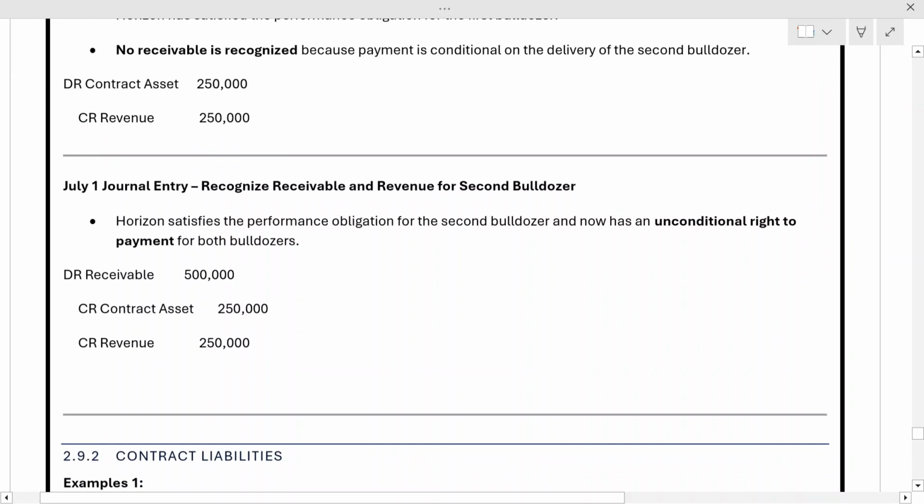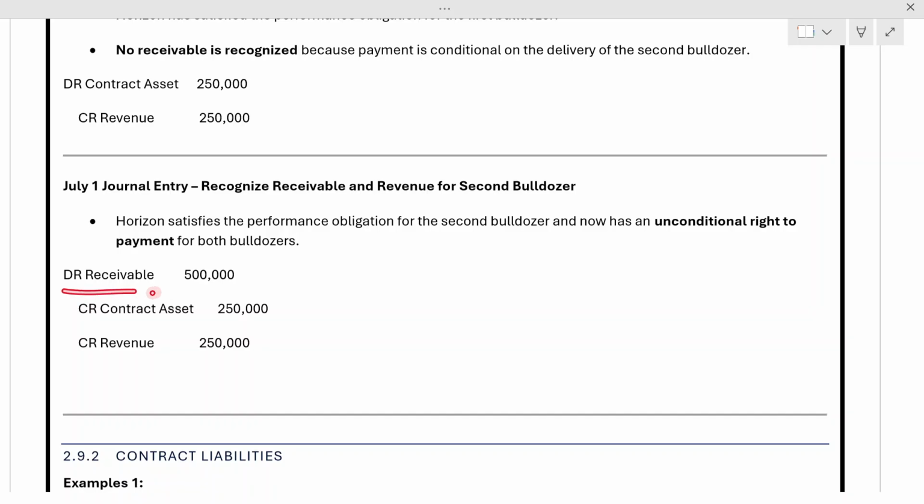Now after that, on 1st July, we recognize the receivables, right? Because on 1st July the second bulldozer is delivered. Now the company will have the debtors, or accounts receivable, for both of the bulldozers.